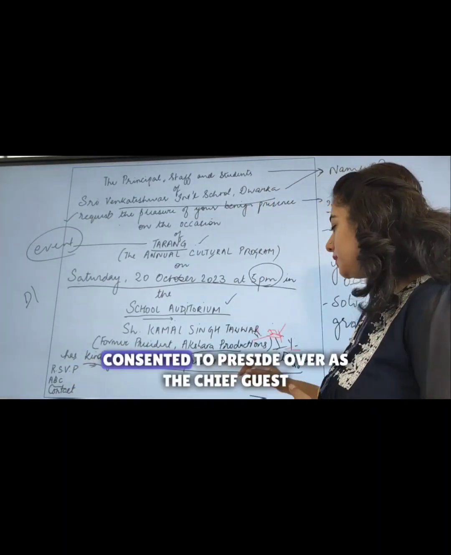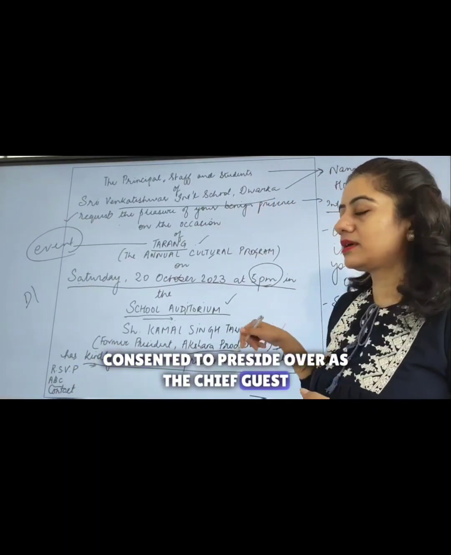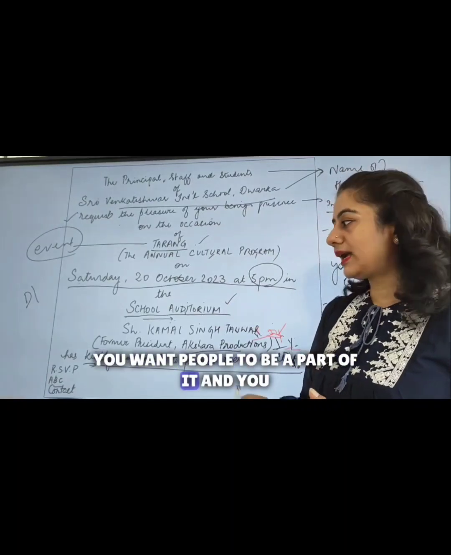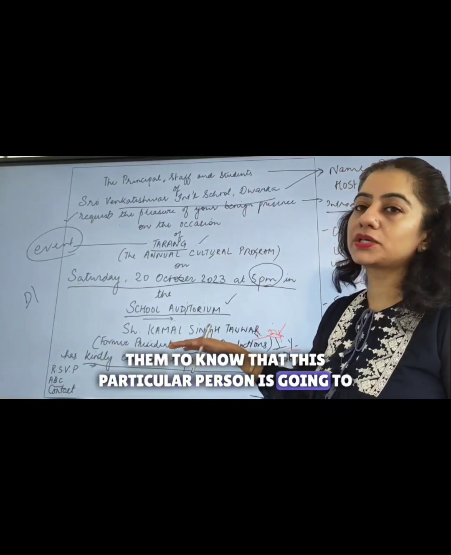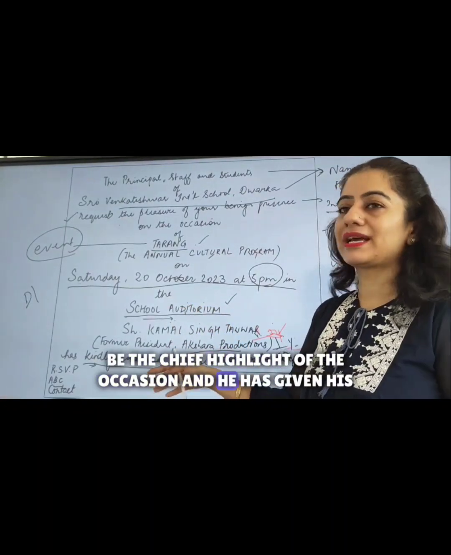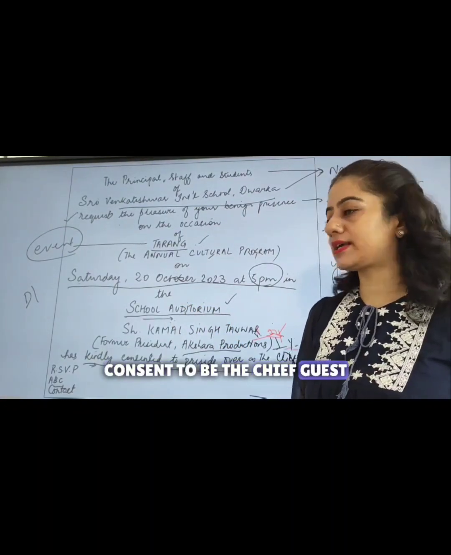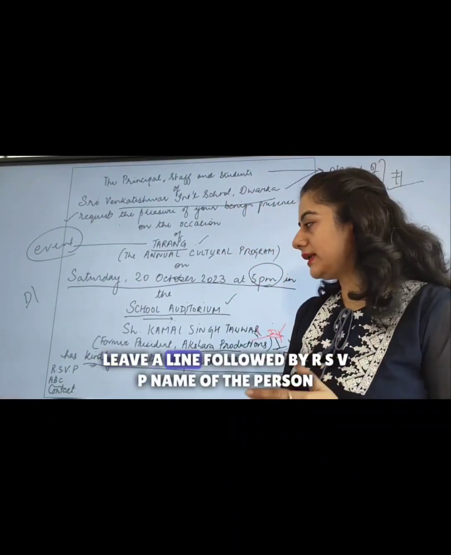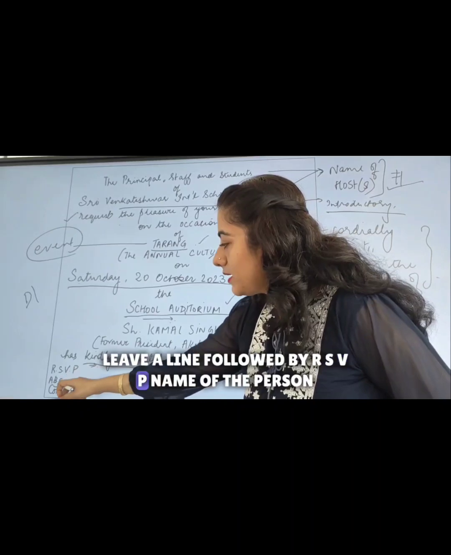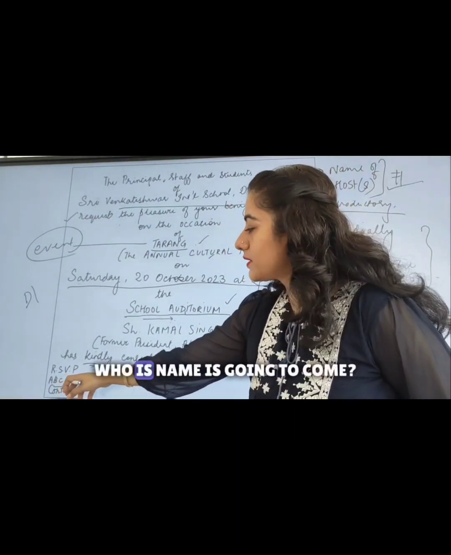Has kindly consented to preside over as the chief guest. You want people to be a part of it, and you want them to know that this particular person is going to be the chief highlight of the occasion and he has given his consent to be the chief guest. After that, again, I have drawn an arrow which indicates that you have to leave a line, followed by RSVP, name of the person. Now, whose name is going to come?